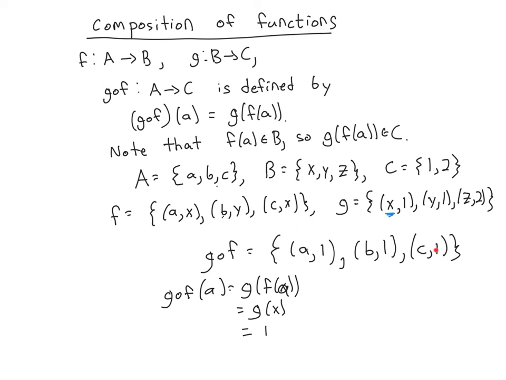And it's interesting to note that the range of g composed with f is just the subset consisting of 1 by itself, because the only way you could have gotten to 2 was through z, and unfortunately z is not in the image of f, and so that point never occurs.